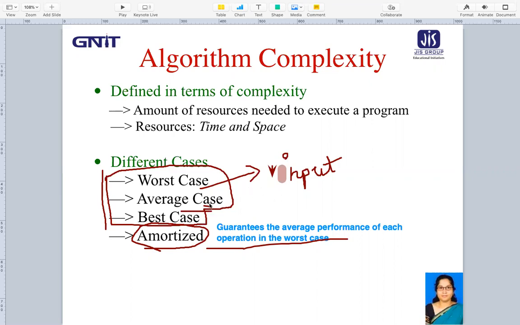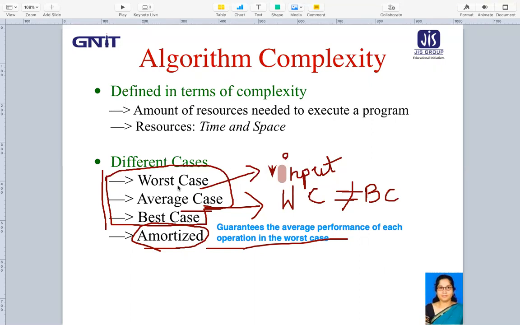One more point we should remember is that average case arises only when worst case is not equal to the best case. Where worst case is not equal to the best case, in such a situation only the average case analysis arises. We will be seeing it with the help of examples when we study the sorting algorithms.